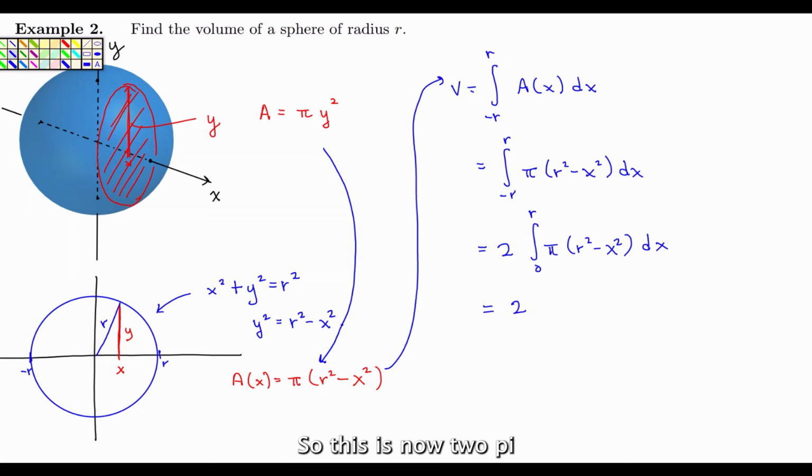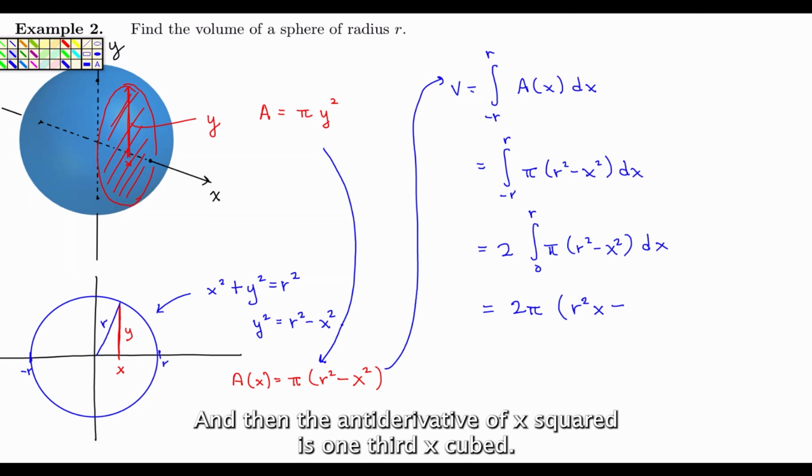Okay, so this is now 2 pi times r squared is just a constant, so integrating that with respect to x is going to be r squared x, and then the antiderivative of x squared is 1/3 x cubed.